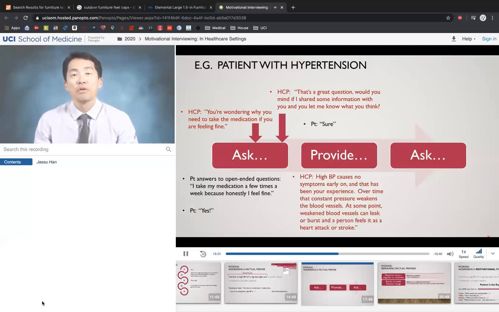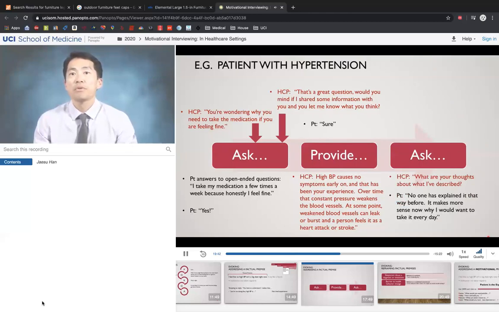"Sure." "High blood pressure doesn't cause symptoms early on, and that's been your own experience. Over time, though, the constant pressure weakens the blood vessels, and at some point, the weakened blood vessels can burst or leak, and a person feels it as a heart attack or stroke. What are your thoughts about what I've just described?"